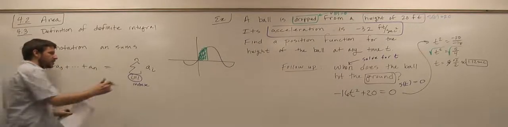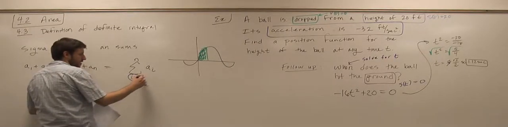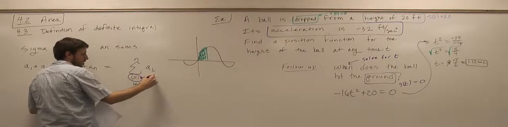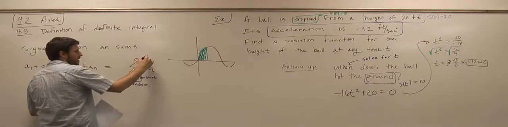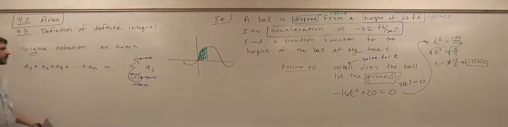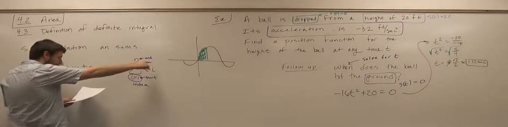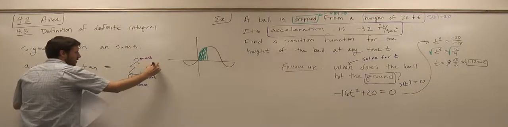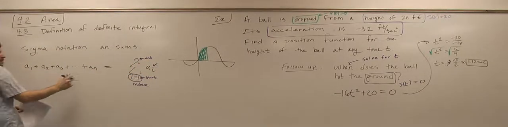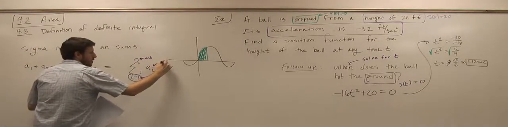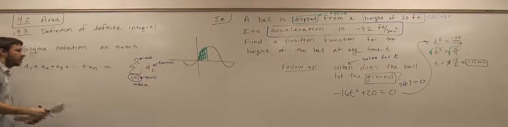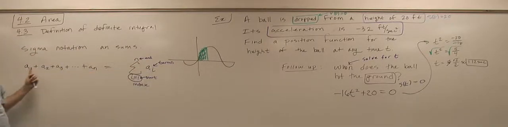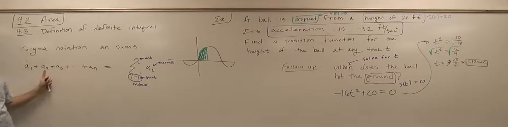So this is telling you i is the index, and this is telling you where to start. n is telling you where to end. The a_i's in here are the terms that you're actually summing up. So when i is 1, that's talking about a_1. When i is 2, that's referring to a_2.